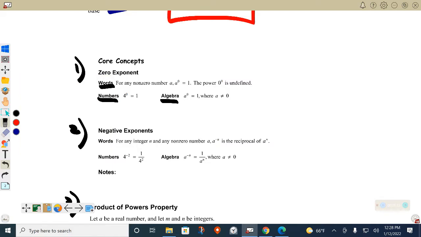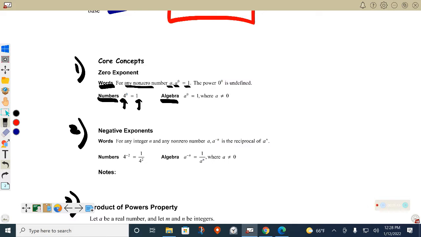Look at it in words. For any non-zero number, a to the 0 power is 1. Okay? For any non-zero number, if it's raised to the 0 power, it's going to be 1. In other words, look at an example with numbers. 4 to the 0 power is 1. All this is saying is, anything that's raised to the 0 power is going to be 1.